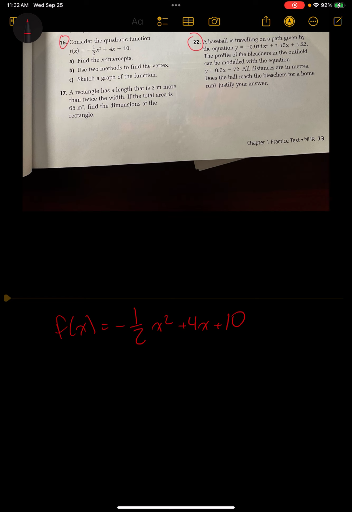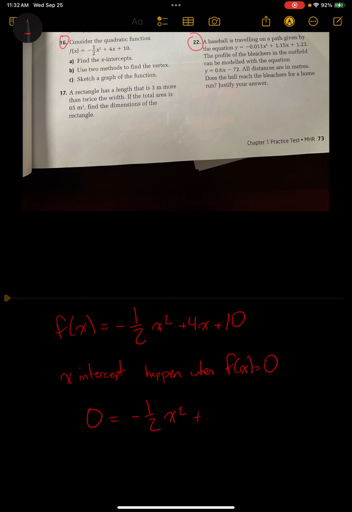So the x-intercepts happen when f at x is equal to 0, right? So we set f at x equal to 0 and try and solve for x.